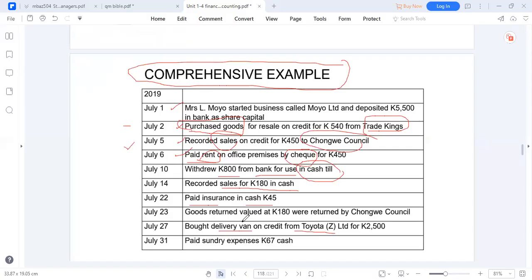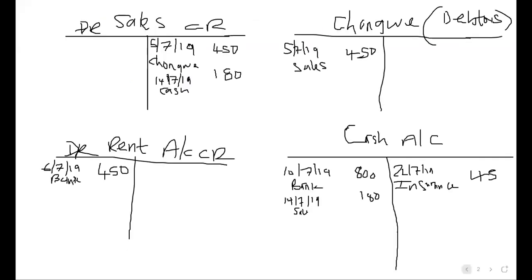That transaction is that goods returned at 180. Goods returned valued at 180 were returned by Chongwe Council. Okay, so those are called sales returns. So let's go to Chongwe Council. Chongwe Council. So we have the sales returns.